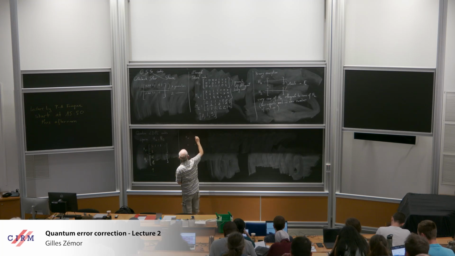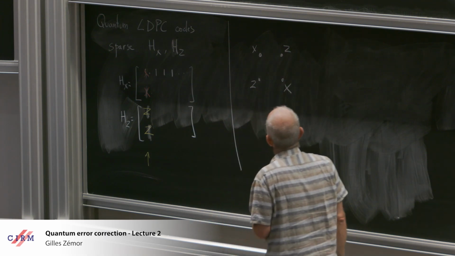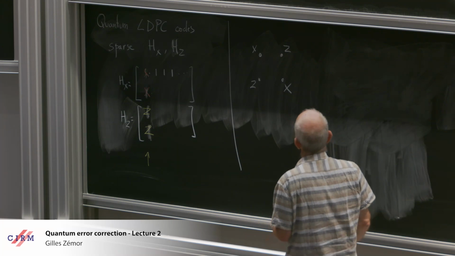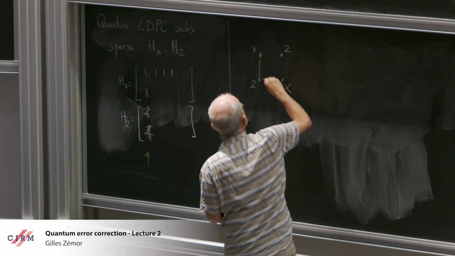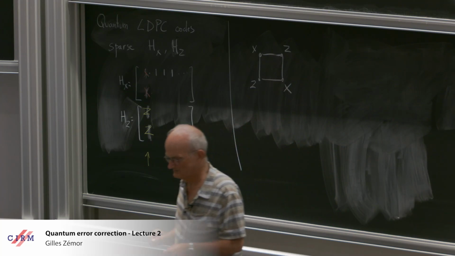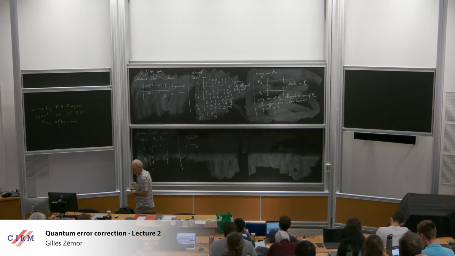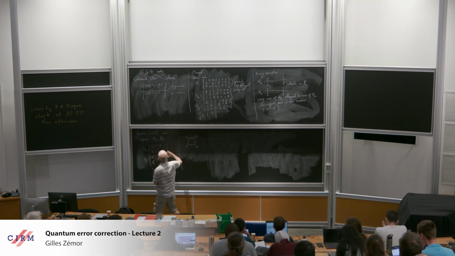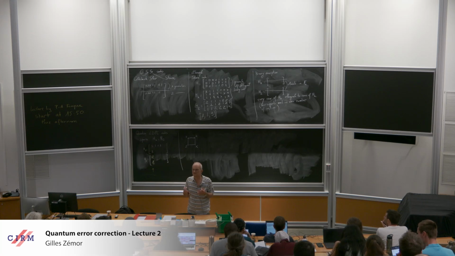And if I draw edges between an X vertex and a Z vertex, I will get a square. So another way of looking at things is that our two matrices here, they're really describing what is called a square complex.